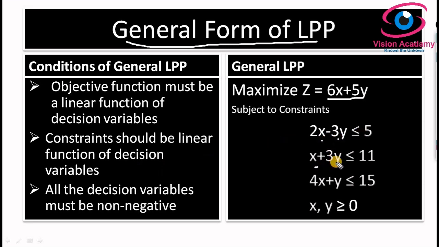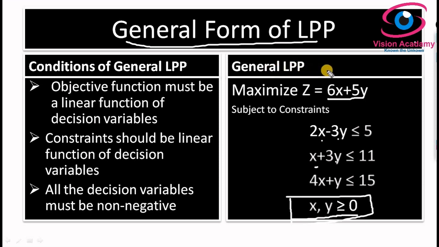And all the decision variables must be non-negative. It must not be negative. So x and y greater than or equal to 0, which means non-negative. This is a typical general linear programming problem.